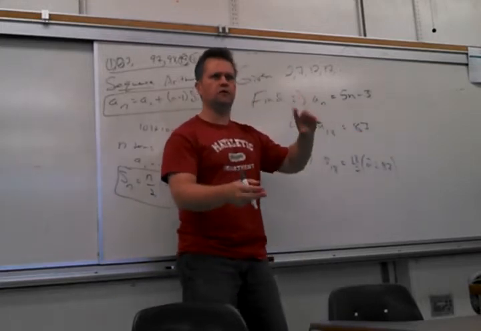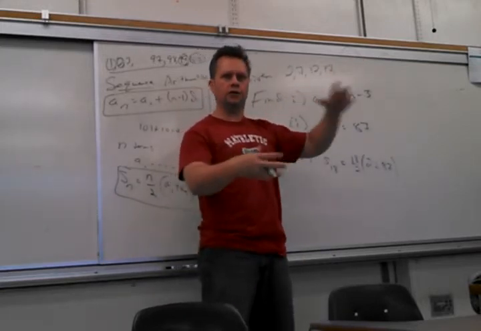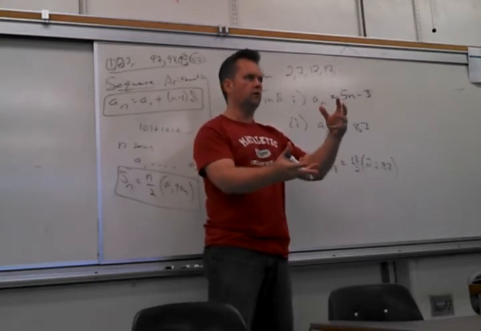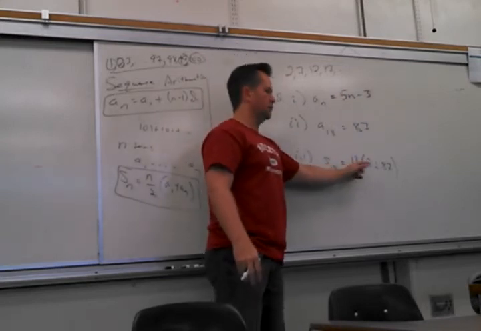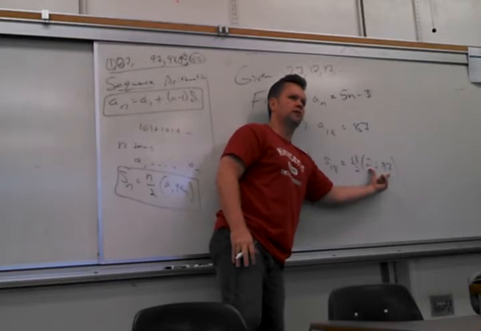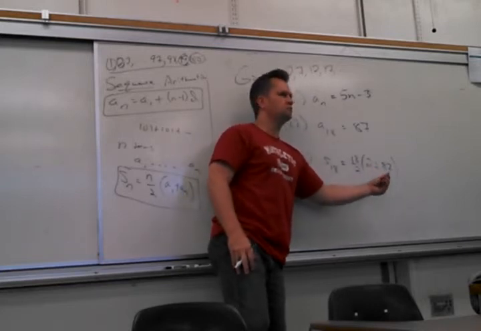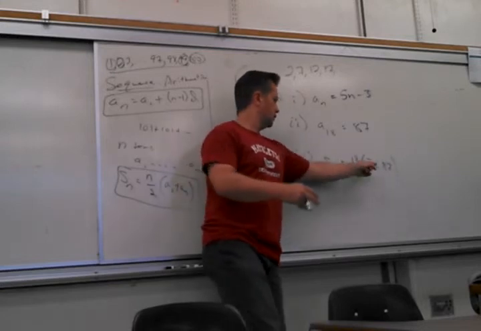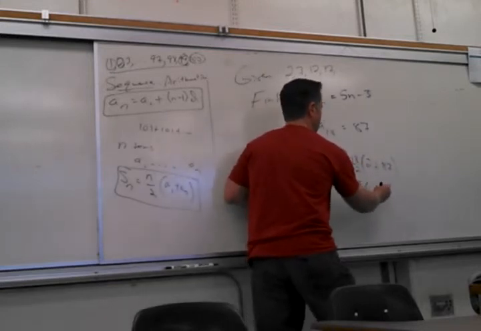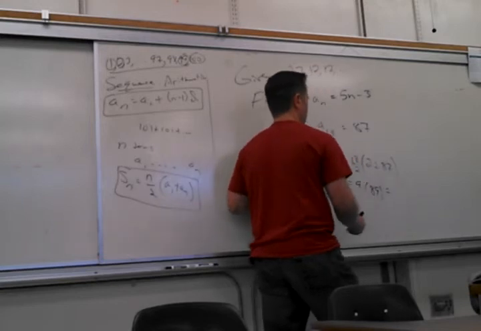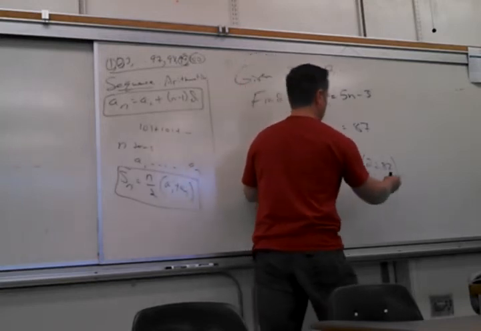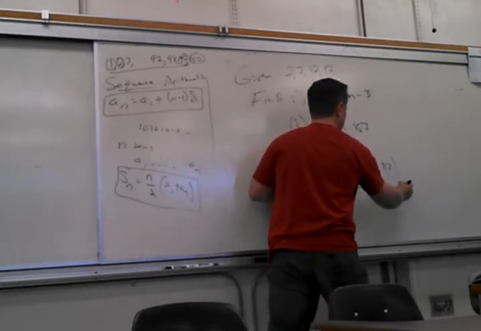If there's no fractions in your sequence, then your answer should be a whole number. So if that's not even, this is going to be even. Does that make sense? If not, do it, you'll be fine. And then you get 9 times 89. I never did finish that one. 801.